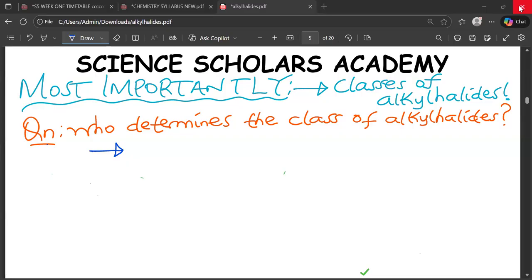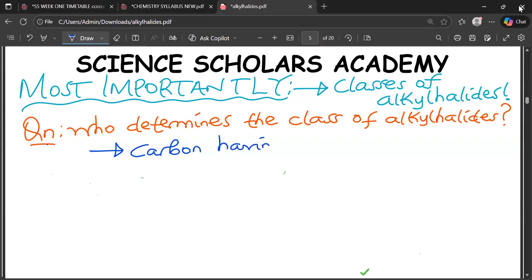So who determines? It is the carbon. It's the carbon having the halogen atom. What do I mean?